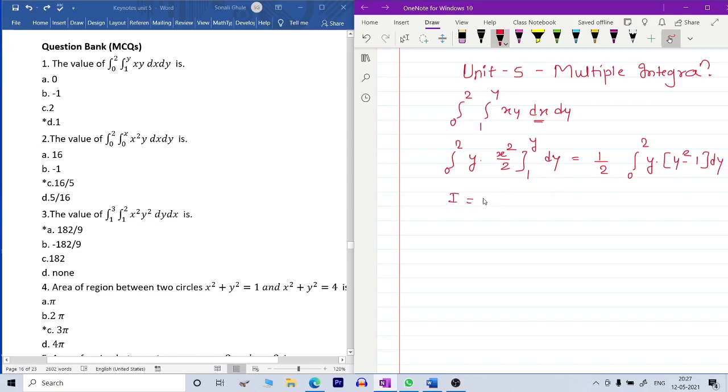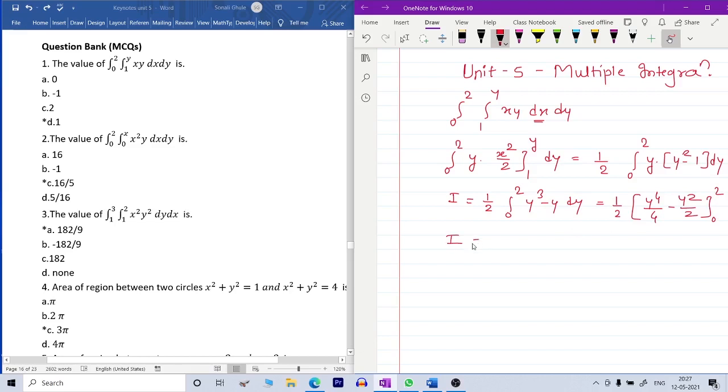So here the value of the integration is 1 by 2, integration 0 to 2, open the bracket, y cube minus y dy. Now integrating with respect to y, it is y raised to 4 upon 4 minus y square upon 2, limit from 0 to 2.